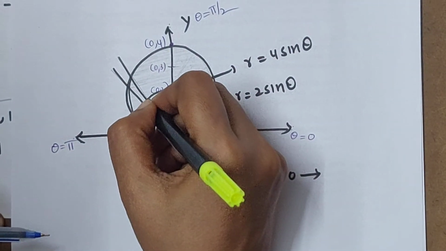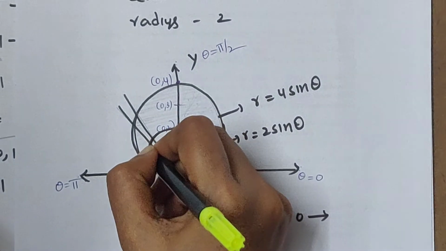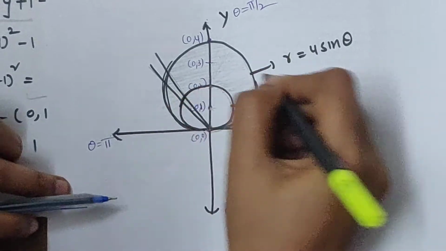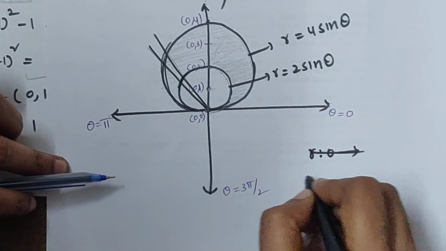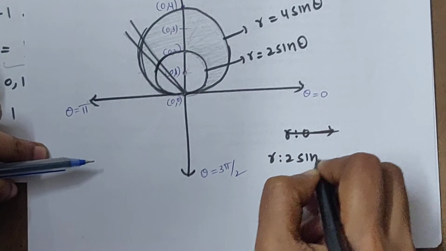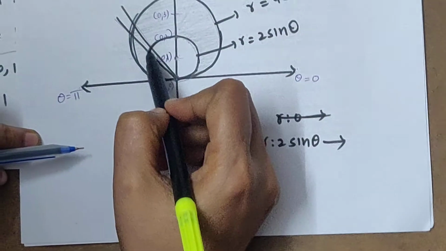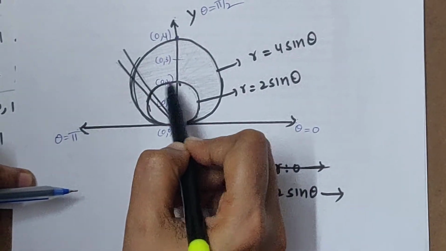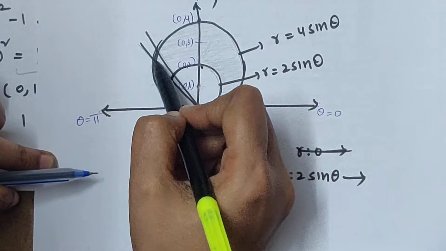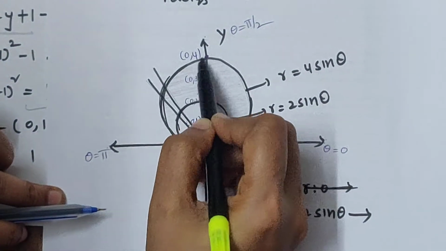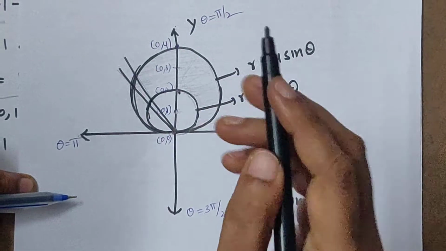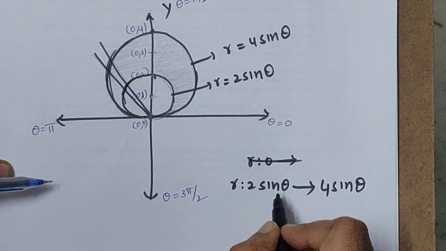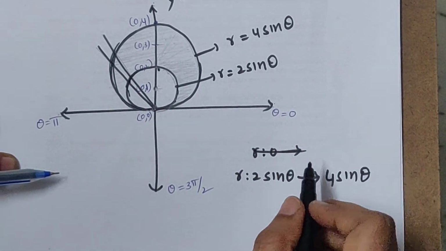So the region starts from the lower circle and goes to the upper circle. At this boundary r is 2 sin theta, so r limits are from 2 sin theta, where the radius vector enters, and it exits the region of integration at this boundary, whose equation is r equal to 4 sin theta. So r limits are 2 sin theta to 4 sin theta.